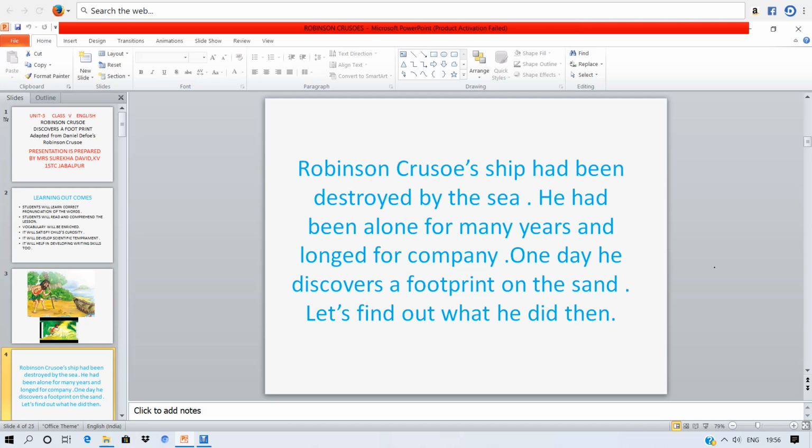Children, nobody wants to stay alone, isn't it? So Robinson Crusoe was also finding himself aloof and alone on an island. What happened one day? He discovers a footprint on the sand. Let's find out what he did then.